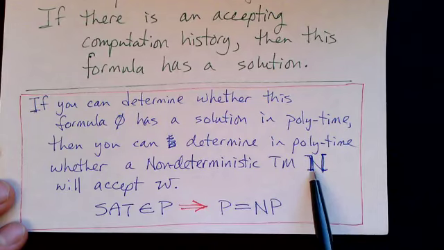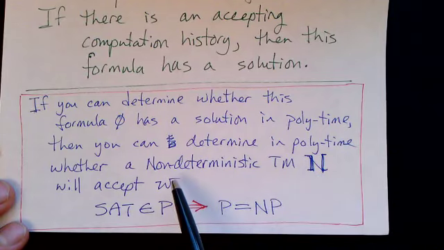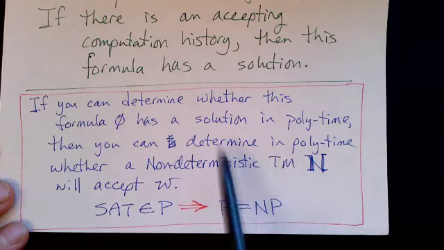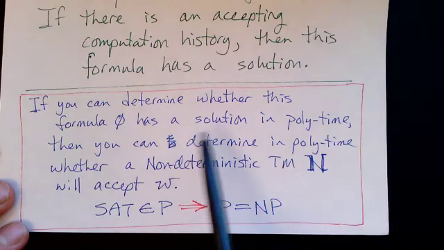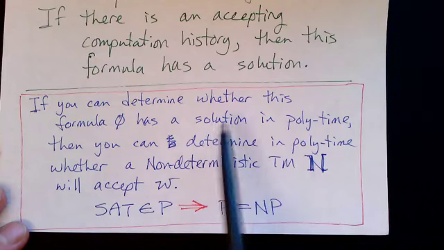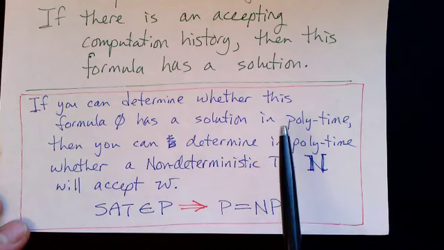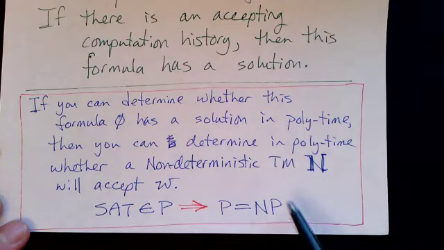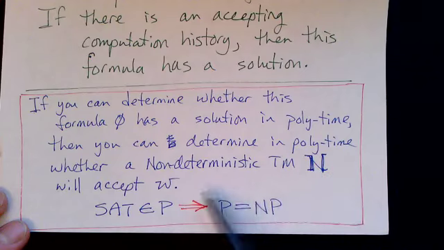So given a non-deterministic Turing machine and an input string w, that is, given a problem in NP, we can convert it into this formula phi. And if we can determine whether that has a solution in polynomial time, it means we can determine whether there is an accepting computation history for the non-deterministic Turing machine in polynomial time.